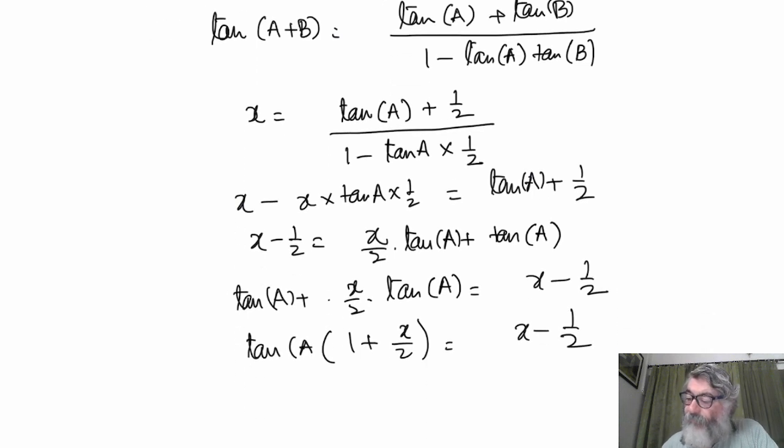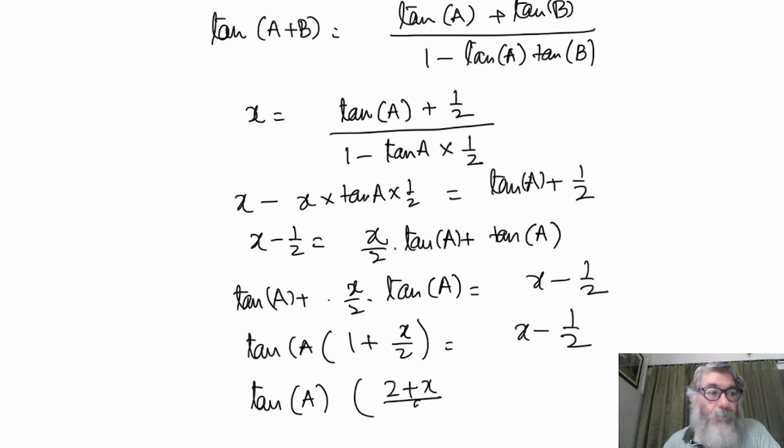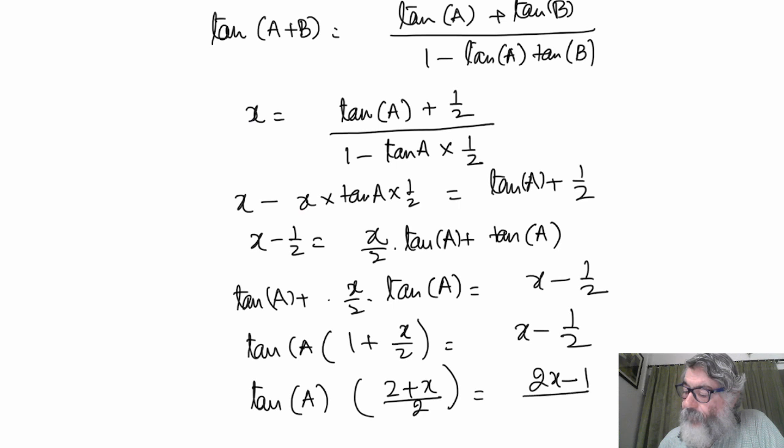So let us solve. tan a will become, if I take 2 LCM, (2 plus x) upon 2 will be equal to (2x minus 1) upon 2, or tan a will be equal to (2x minus 1) upon 2 into 2 upon (2 plus x), or (x plus 2).